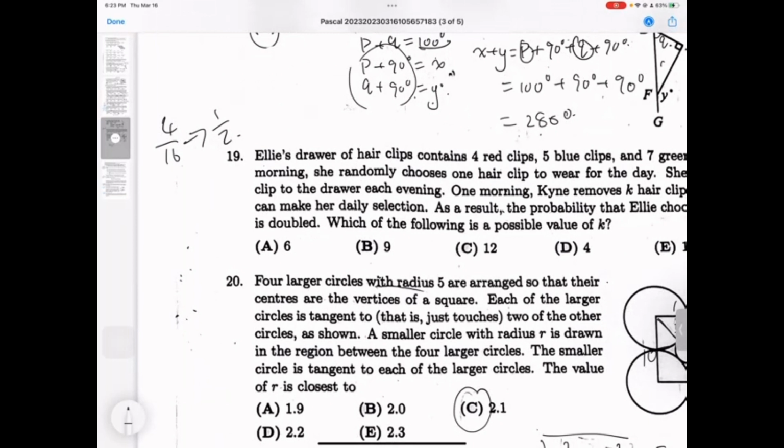So first we have 1/2, then we have 2 out of 4, 3 out of 6, 4 out of 8, 5 out of 10, 6 out of 12, 7 out of 14, and then 8 out of 16. Because we only have 4 red clips, all of those choices get eliminated. Let's try this one.